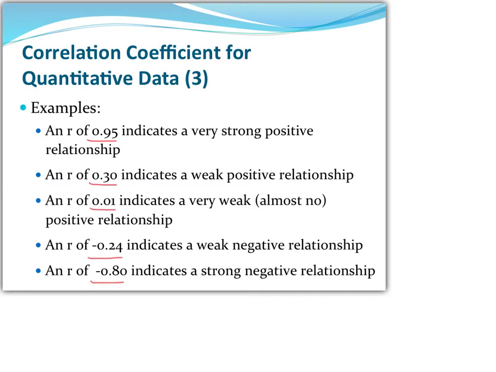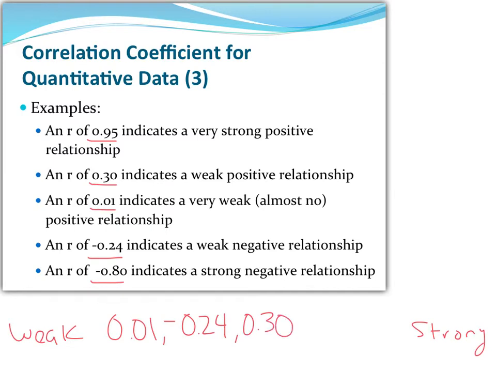If we were to arrange these r's in terms of the strength of correlation from weakest to strongest, the weakest would be 0.01, followed by -0.24, followed by 0.30, followed by -0.80, followed by 0.95.